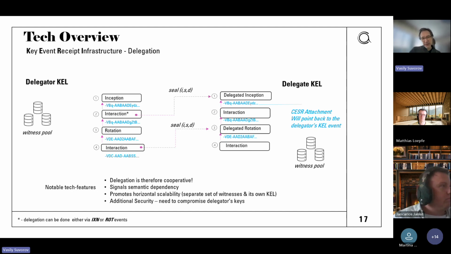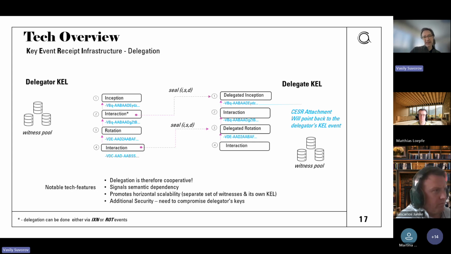When I create this delegated inception in my configuration, I'm basically saying, hey, I'm pointing to my delegator, right? As soon as I've done that, I give the digest to my delegator, and then they anchor that, right? So remember, we had this identifier, sequence, and digest. This is what it will store.